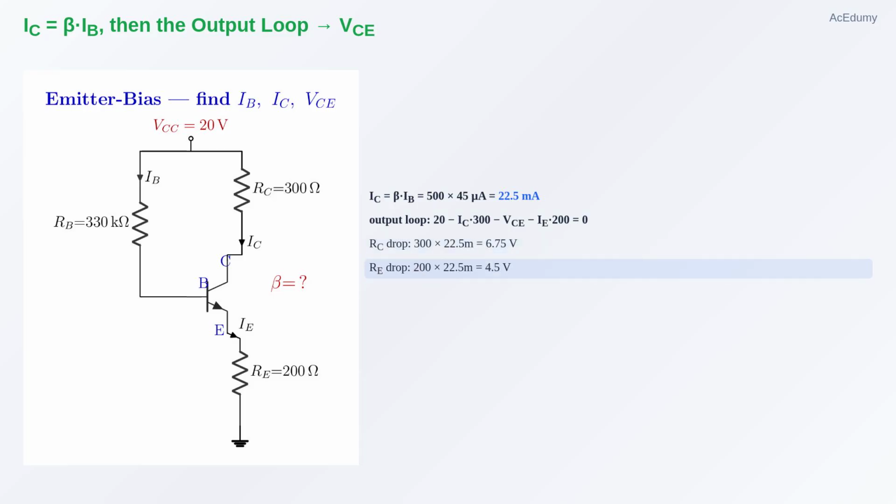The emitter resistor drops 200 ohms times the emitter current, and the emitter current is essentially the collector current, about 22.5 milliamps, so that is 4.5 volts. The collector-emitter voltage is what is left of the 20. 20 minus 6.75 minus 4.5, which is 8.74 volts. There it is, the algebra's answer for the operating point. 22.5 milliamps at 8.74 volts.